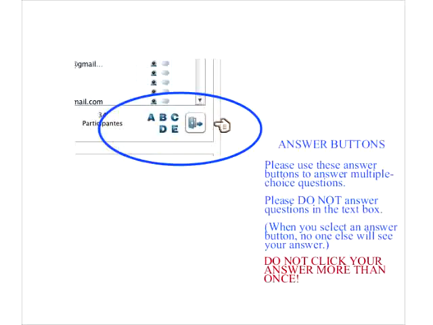But also, number two, if you answer in the text box, then everybody else will see that answer as soon as it goes up. And so that's not great in terms of people's individual efforts to solve the problem. So please use the answer buttons to answer the questions.